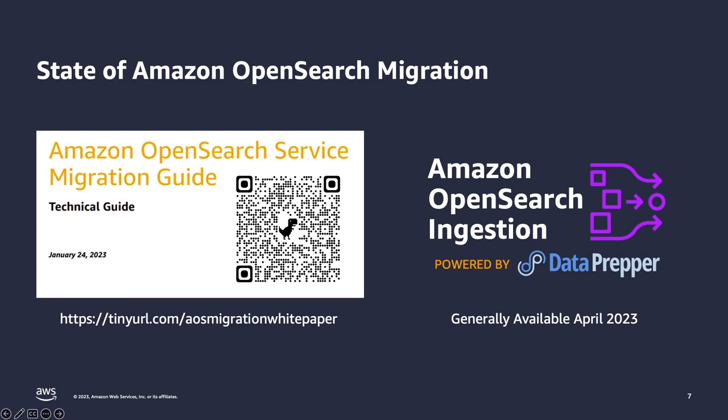Customers can utilize this service to ingest data from various sources like Amazon S3, and then transform and index to Amazon OpenSearch. So this is a managed service. You don't have to manage your own compute instances.